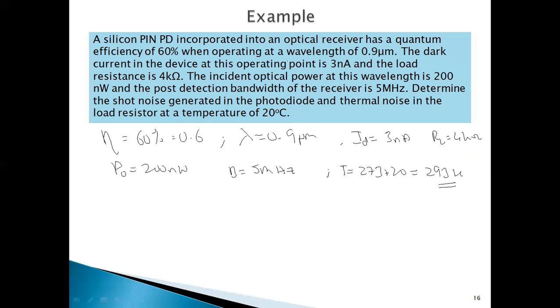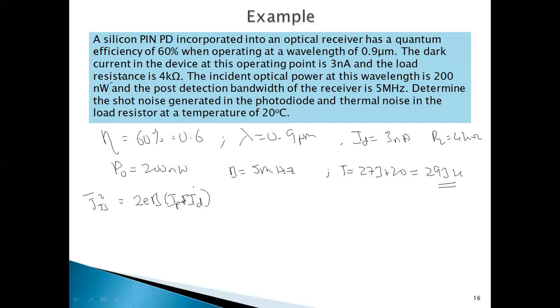Okay, so let's find out the shot noise generated in the photodiode. Before we can find it, we have to be very clear on the equation for shot noise. The shot noise current is given by i_s squared, a summation of two effects: the dark current noise and the quantum noise current, given by the equation 2eB(IP plus ID).